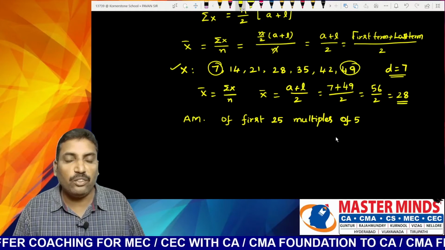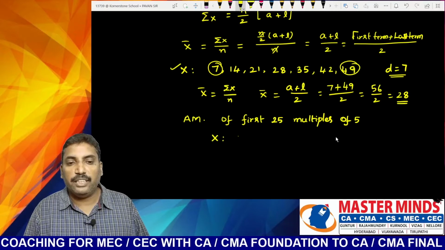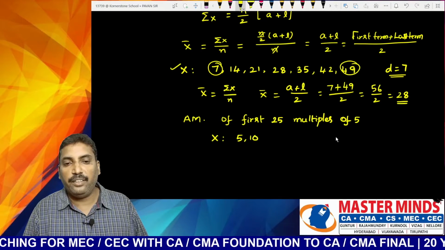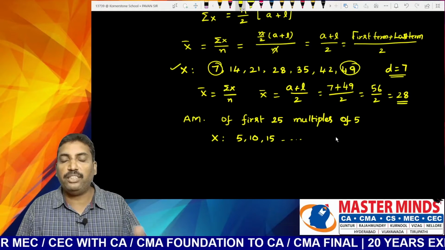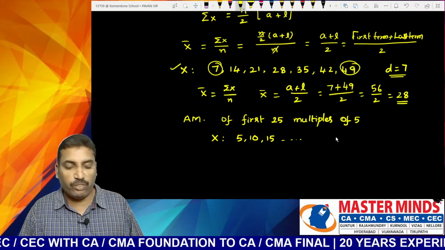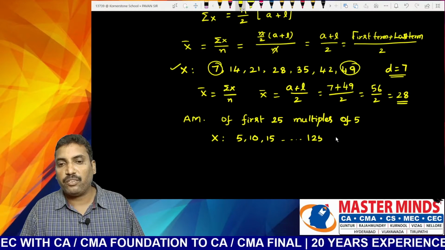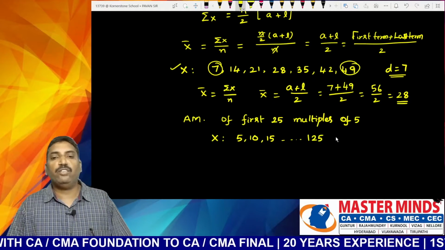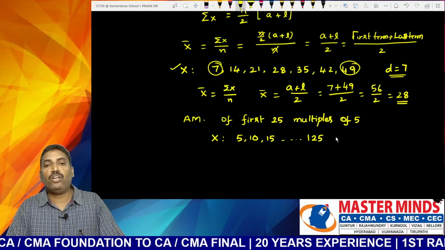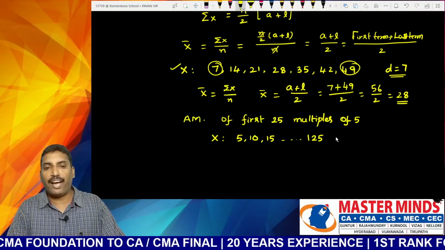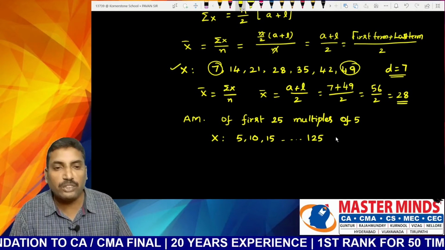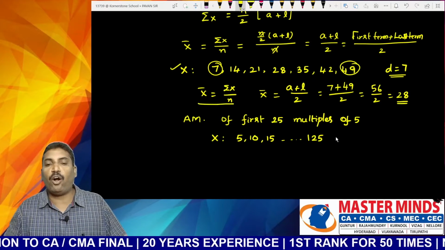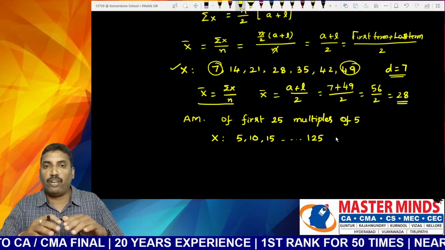What are the first 25 multiples? That is 5, 10, 15, and so on. What is the 25th multiple, the last multiple? 25 into 5, that is 125. So these are the 25 multiples. Now you want to find the arithmetic mean or average of the first 25 multiples of 5. If you use the basic formula, you have to add all the 25 multiples and divide by 25.